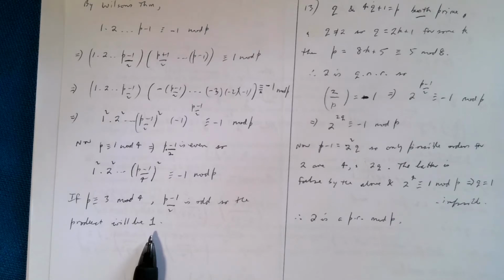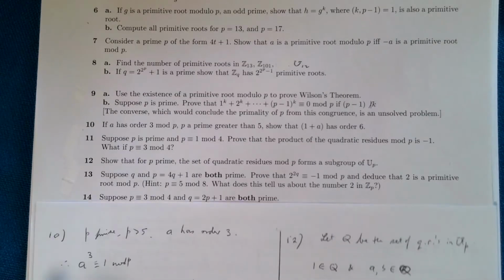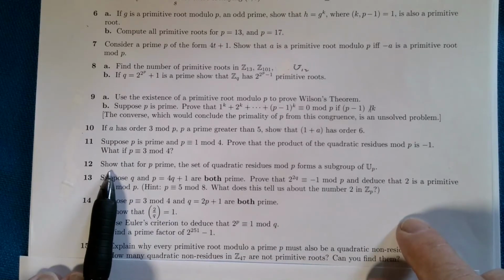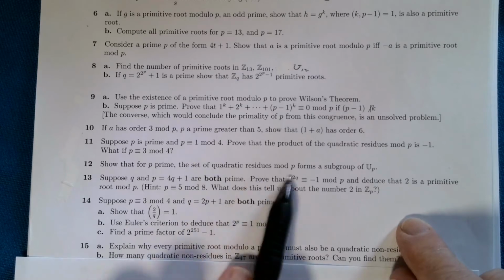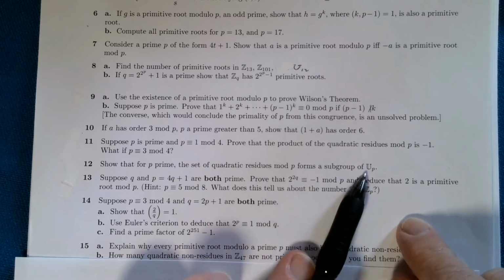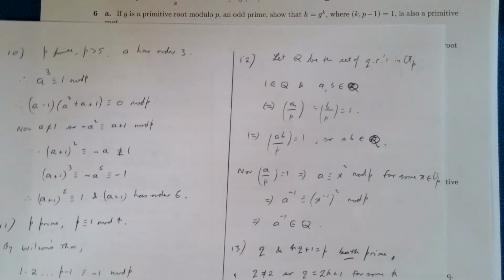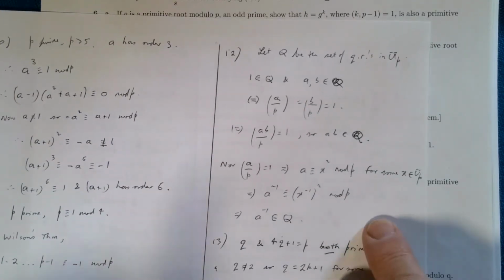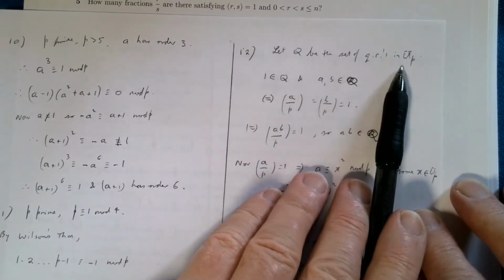Okay, question 12. It says, for p prime, show that the set of quadratic residues mod p forms a subgroup of U_p. Here is the solution. Let's call Q the set of all quadratic residues in U_p.